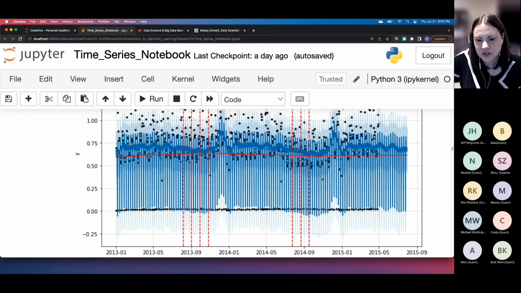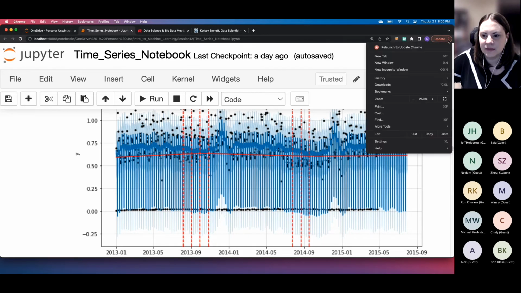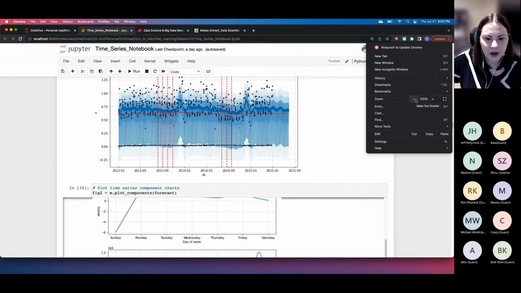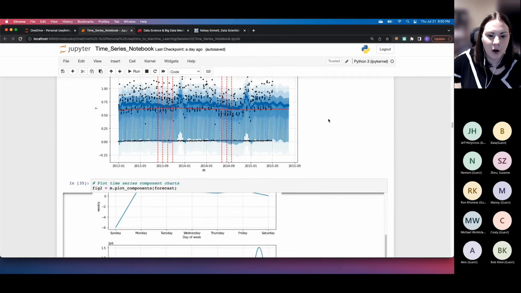This one's the most apparent. It was going down and then it was flat. So that's what's shown. These are significant change points. You can see here it's going up, then it's going down. So that's what a change point is. This isn't a great visual, just in general, because it's so zoomed in, but that is what they are in practice.